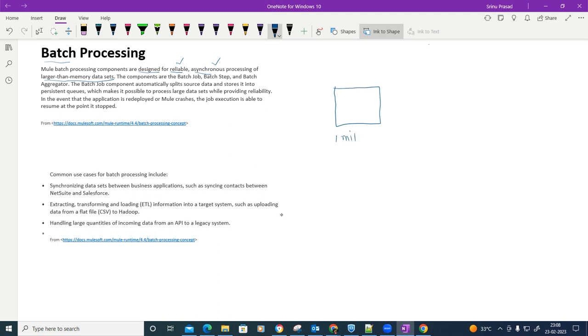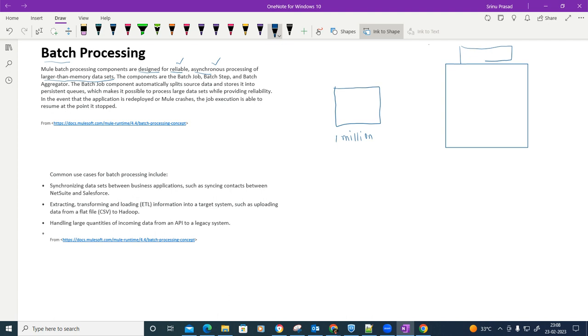We need to load this entire data into server memory where you do the processing, but your system or server memory has some limitations. Sometimes we can't process the entire data in your system RAM.